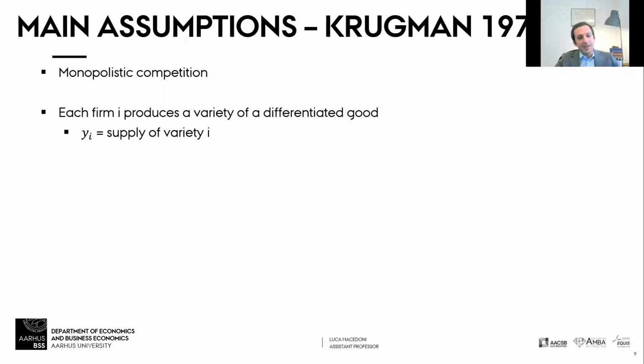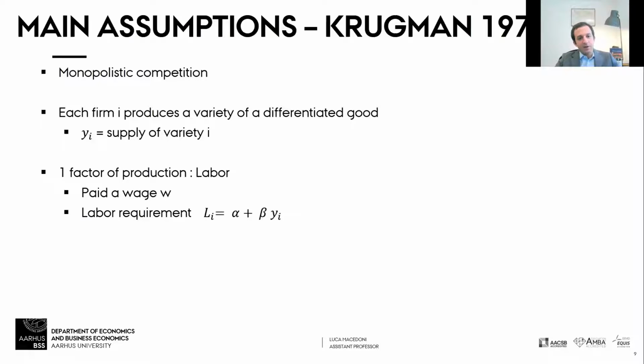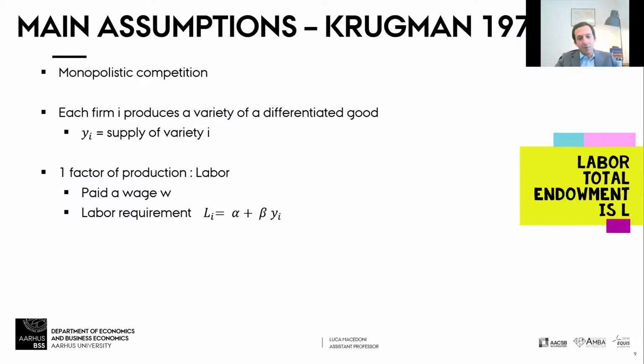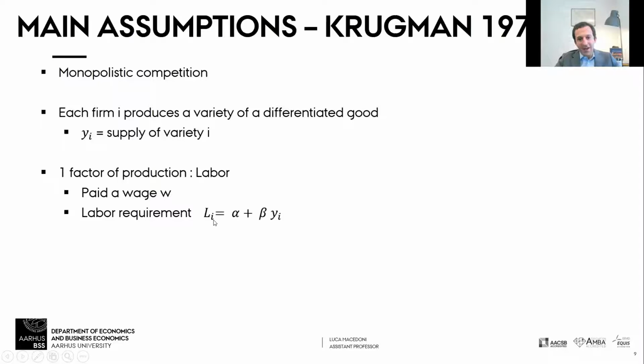So each firm supplies a variety with quantity yi, and you can think that yi is the product between ci, the consumption of one individual, times the number of individuals, which will be L, labor. Labor is paid a wage W, and there is a labor requirement per firm. Li, the number of workers for firm i, equals alpha plus beta times yi.